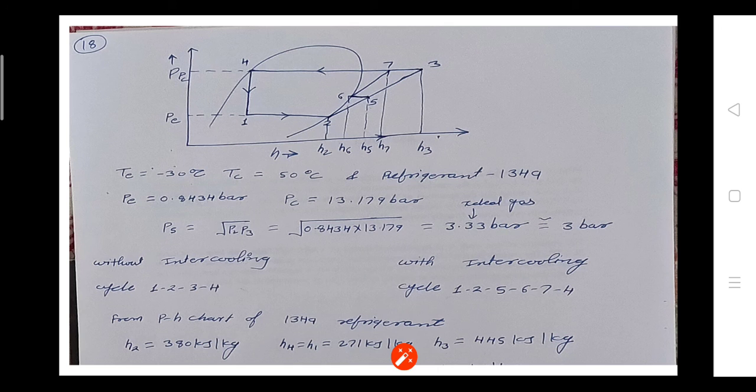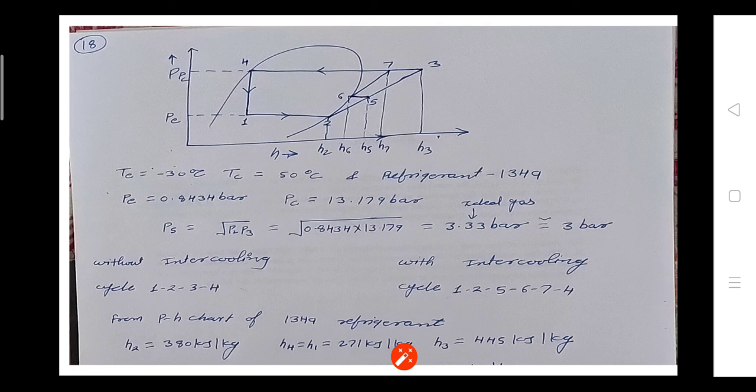Now for calculation of P5 equal to square root of P2 P3, it is the square root of 0.8434 into 13.179, equal to 3.33 bar. This exact value of P5 is 3.335 bar, but this is the ideal condition.